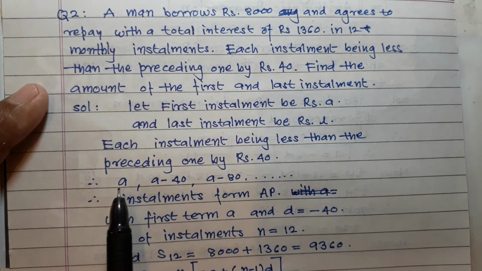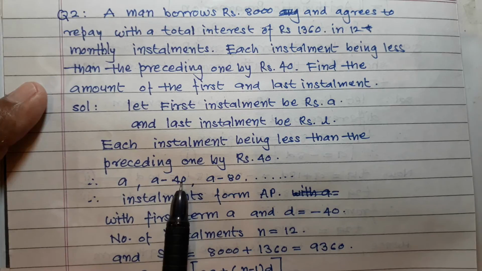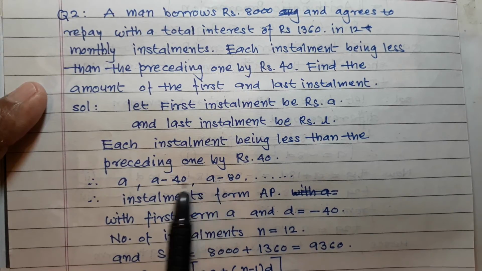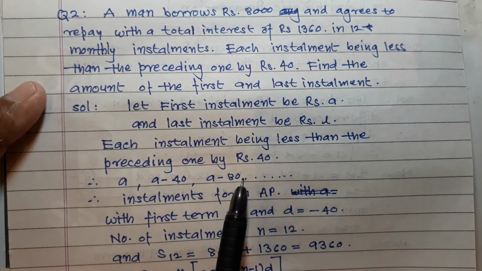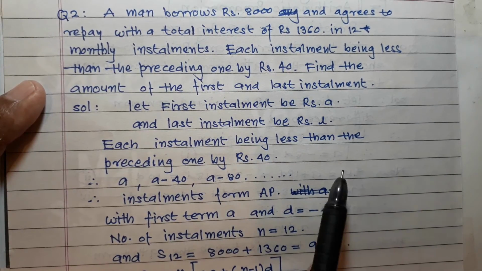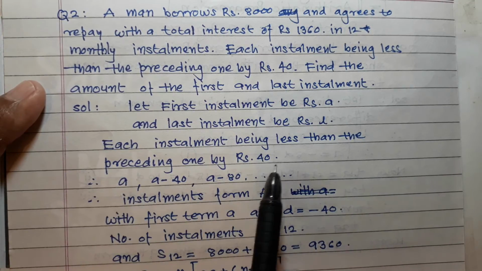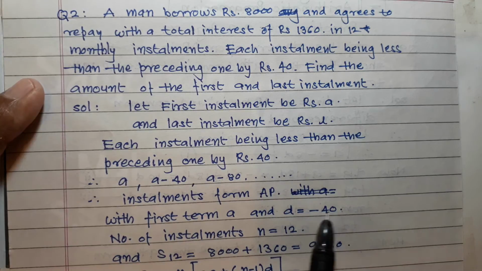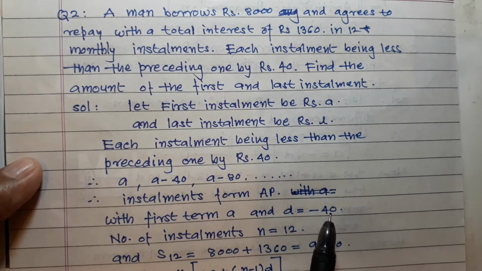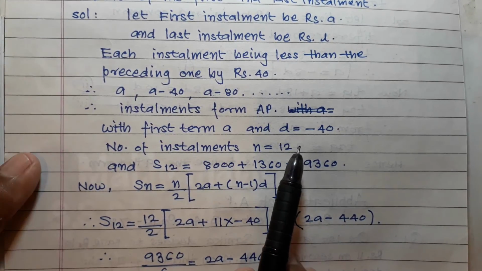That means first installment a, second installment a minus 40, third installment a minus 40 minus 40 is equal to a minus 80, and so on up to the 12th installment. These installments form an AP with first term a and common difference d equal to minus 40. The number of installments, that is n, is equal to 12.